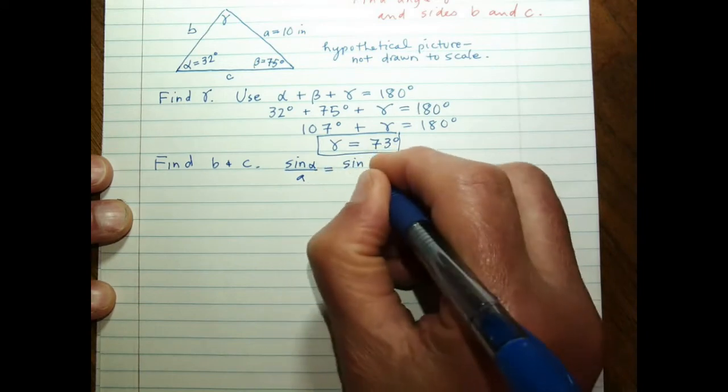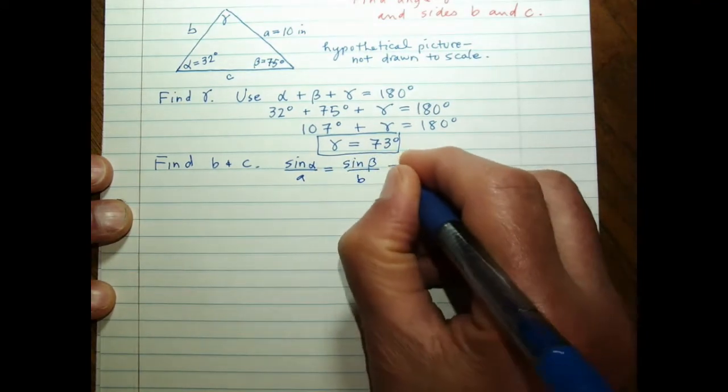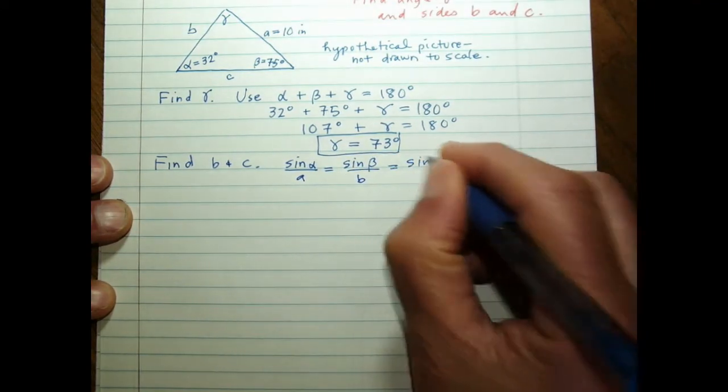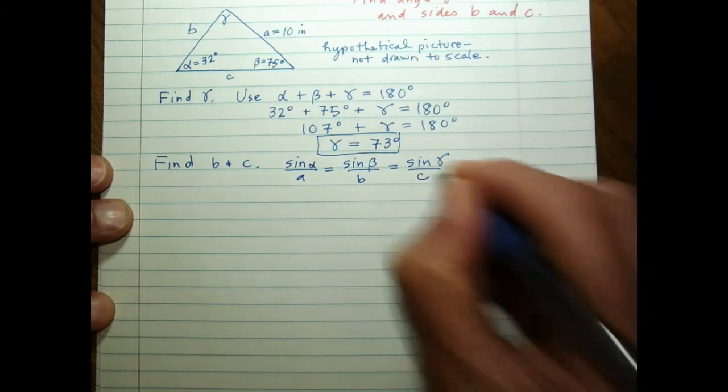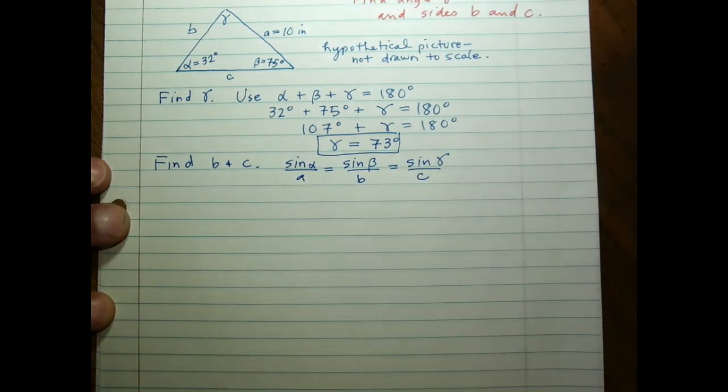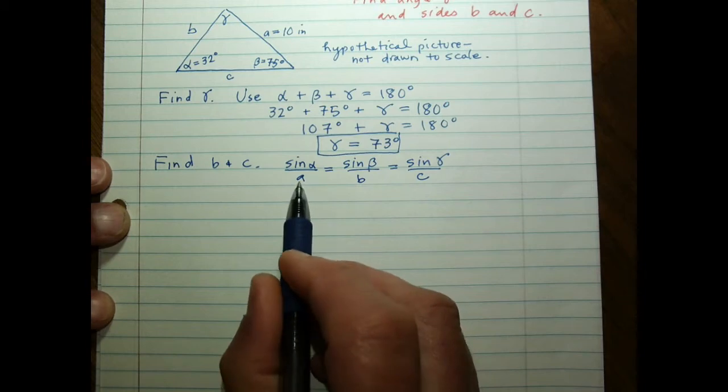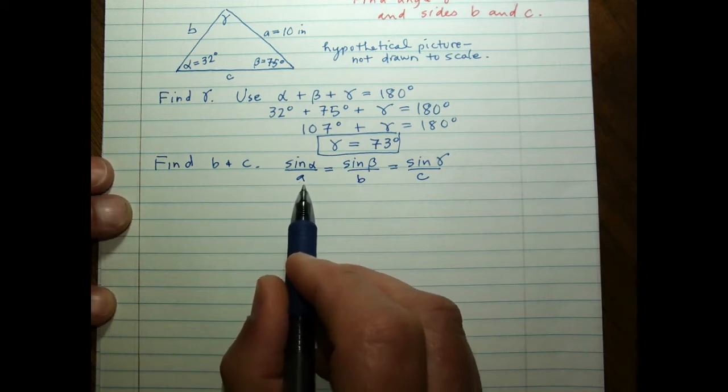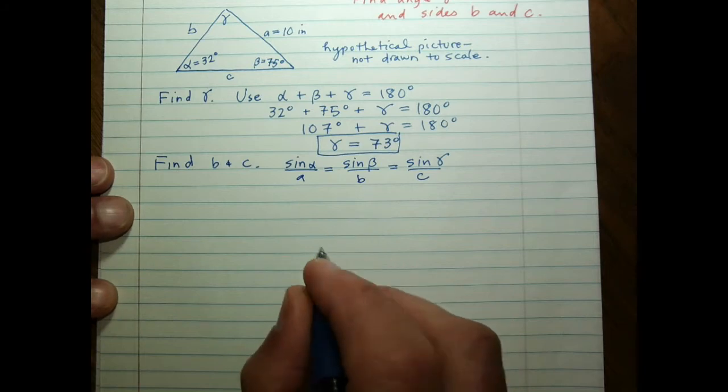Sine alpha over A equals sine beta over B equals sine gamma over C. It's fairly simple to write that down. Now, how am I going to use it? Well, let's just plug in all the information that we know so far.